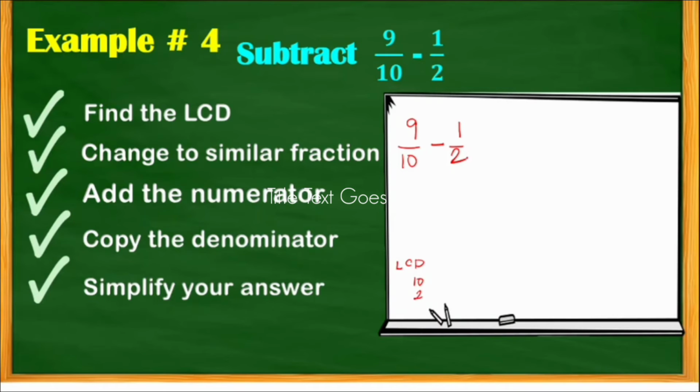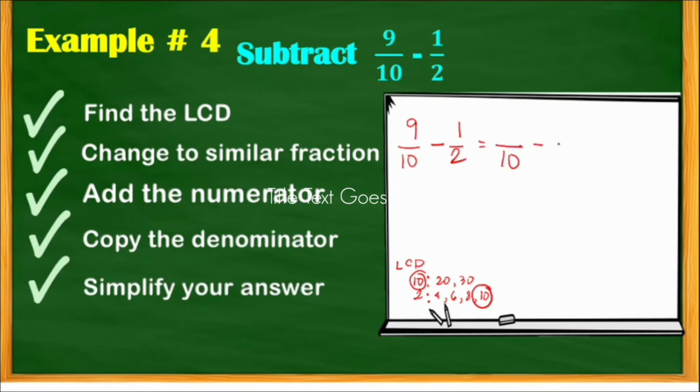Because our denominators are 10 and 2. Using skip counting: 10, 20, 30, and then 2, 4, 6, 8, 10. We have 10 in common in the multiples of 2 and the multiples of 10. So the least common denominator of 10 and 2 is 10.